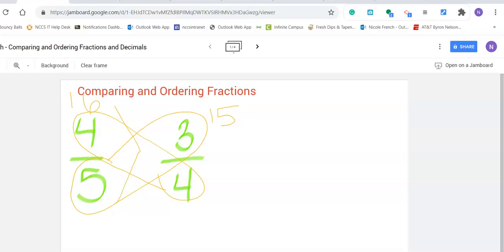Another way to do this is to find common denominators. So I know that a common denominator between 4 and 5 is 20.